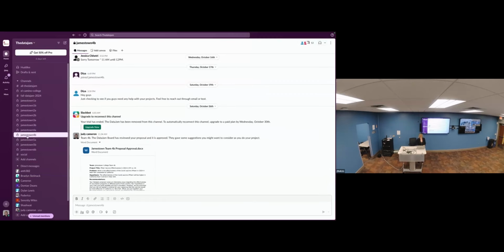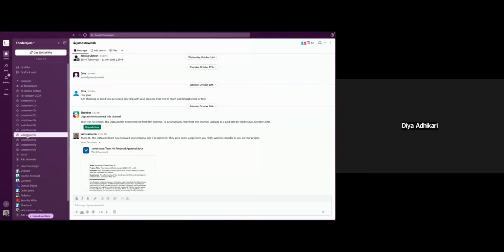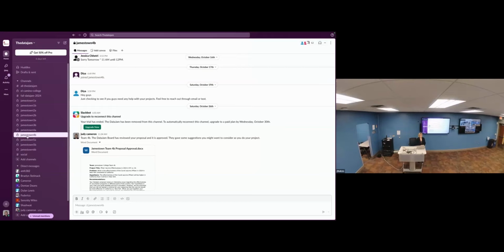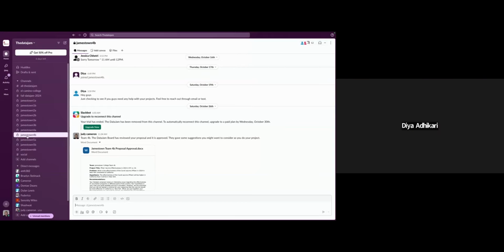Okay, 4B, Dia and Jessica. We are having a hard time getting a hold of them. The first talk we had, we did provide them with a lot of data sources from the DataJam website, and they were able to submit the proposal, but I did check the recommendations, and I guess they don't have the exact data set yet.